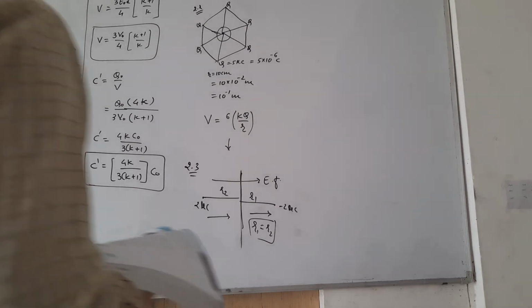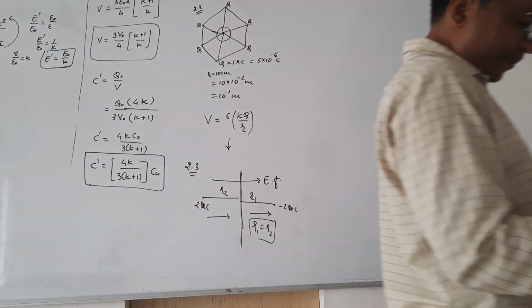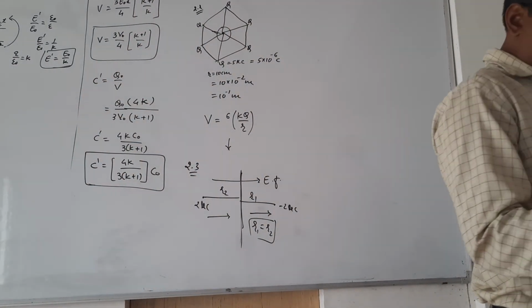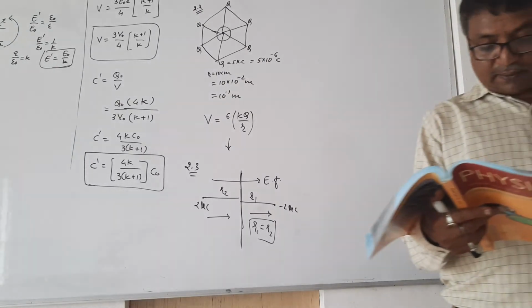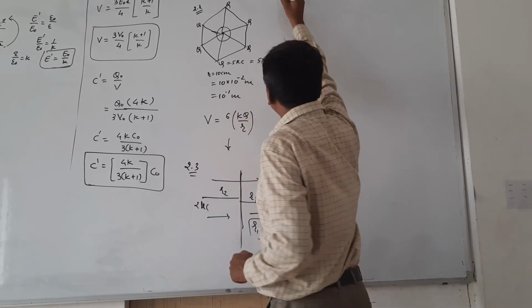See here, beta, this is related to this example. So your distance is reduced. C0 is equal to 8 picofarad.